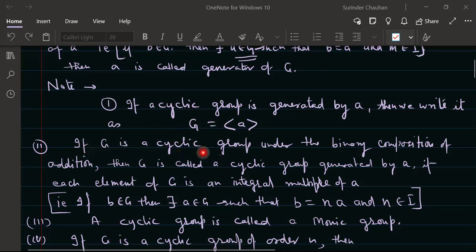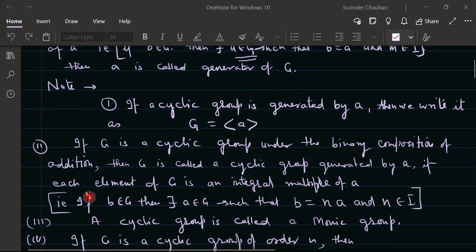Second, if G is a cyclic group under the binary composition of addition, then G is called a cyclic group generated by a if there exists an element belonging to G such that each element of G is an integral multiple of it. So multiple is for binary composition addition and power is for the binary composition of multiplication.